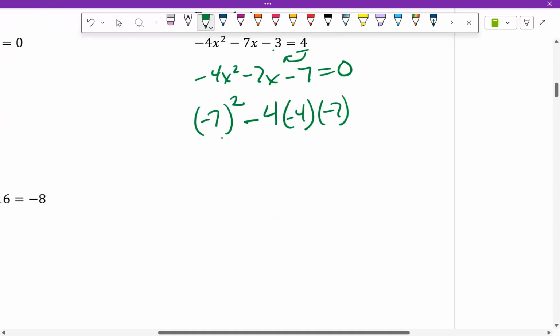All right. What's -7 squared? 49. -4 times -4. 16. Ooh, times -7. You can use Desmos. So 16 times -7. 112. Everybody good? All right, so what's 49 minus 112?